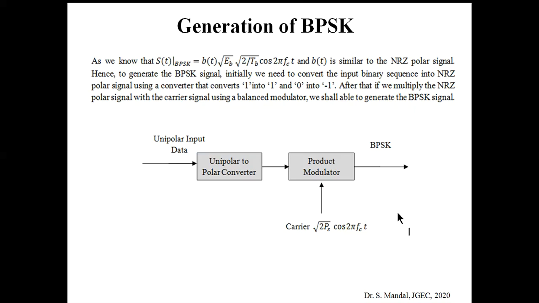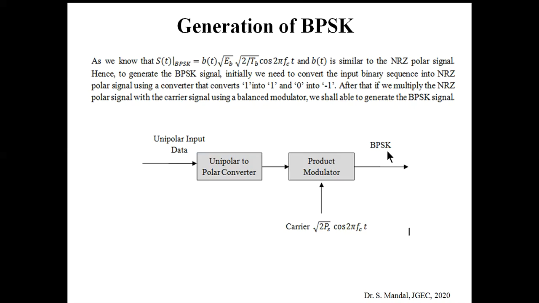Now the output of this unipolar to polar converter is the polar data. Now if we multiply this polar data with the carrier, that is root 2 PS into cos 2 pi FCT, by using a product modulator or multiplier, we get the corresponding mathematical equation, which is nothing but the BPSK. Okay, so this is the simple approach.